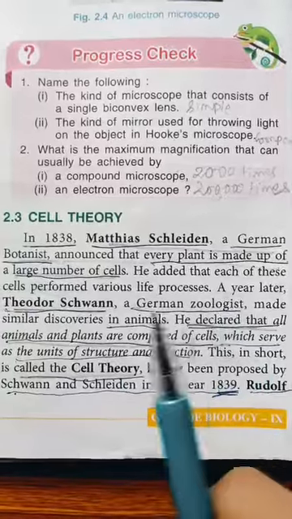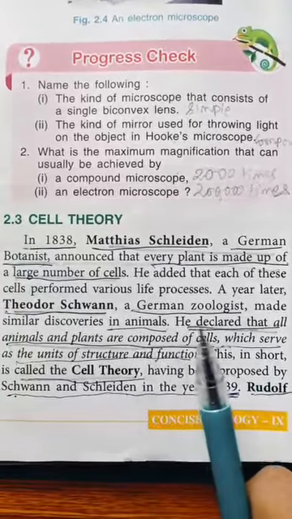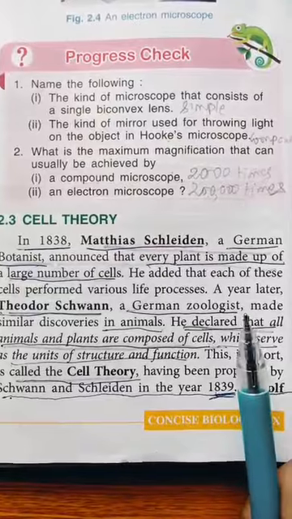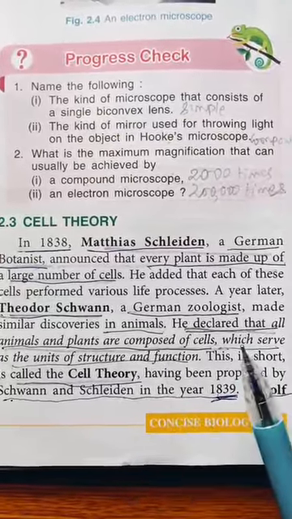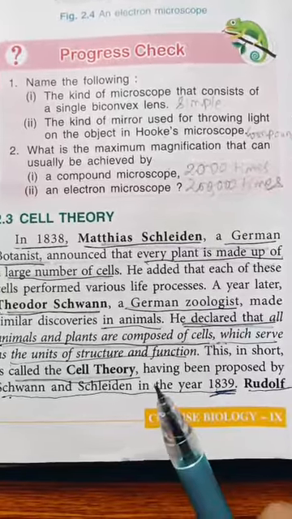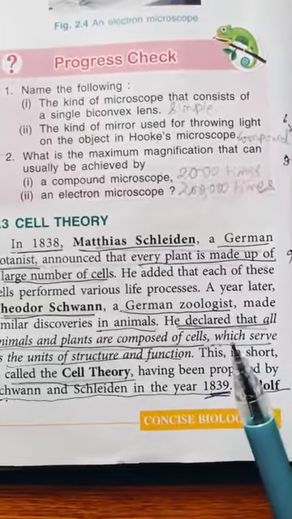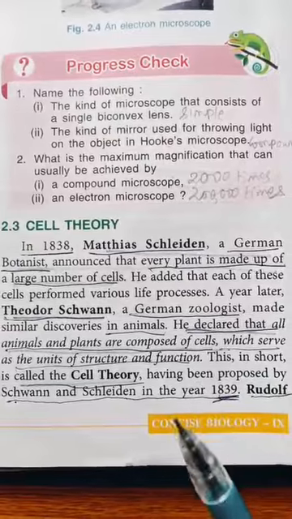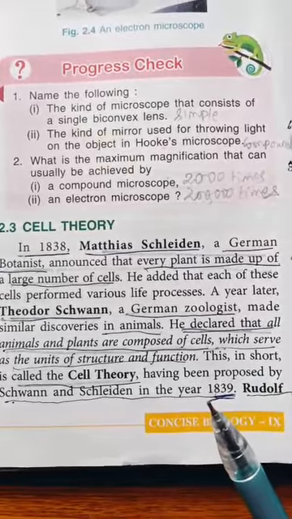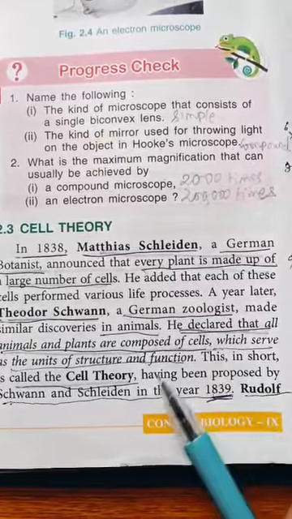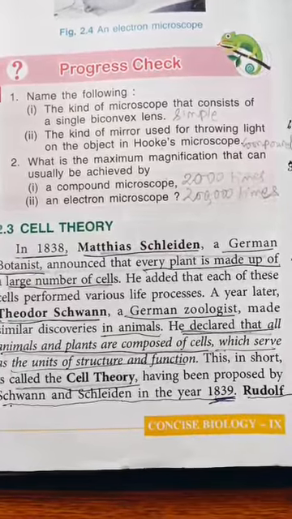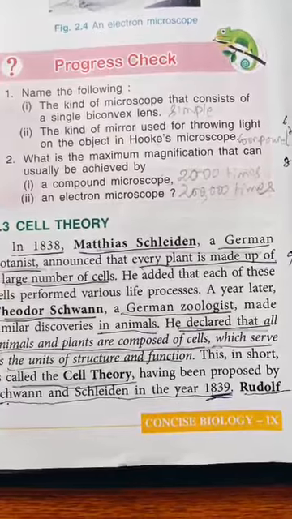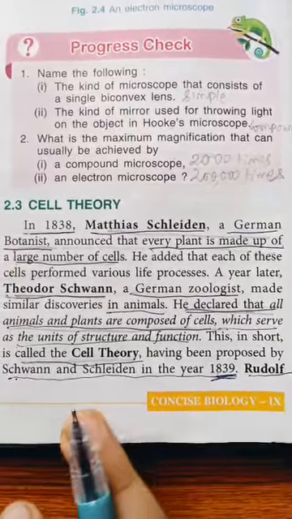A year later, Theodor Schwann, a German zoologist, made a similar discovery in animals. He declared that all animals and plants are composed of cells, which serve as the structural and functional unit of the organism. This is known as the cell theory.